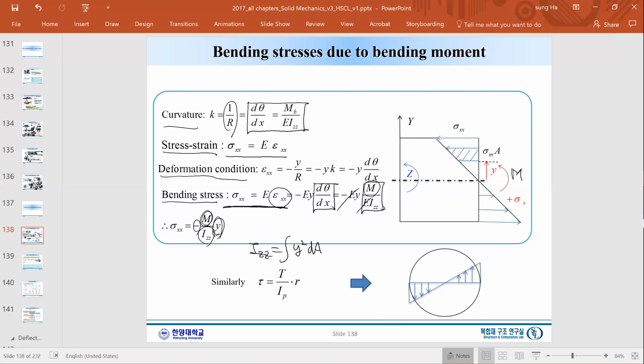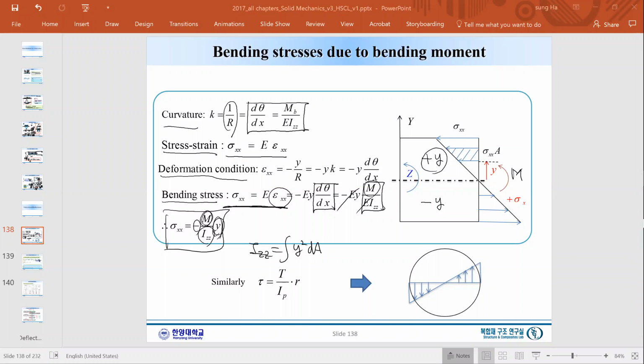Positive y means that on the upper side we have compression, and negative y we have tension. So that is the final sigma xx.